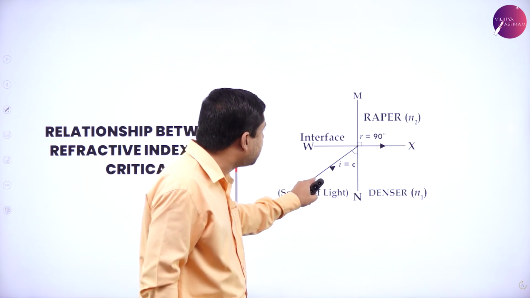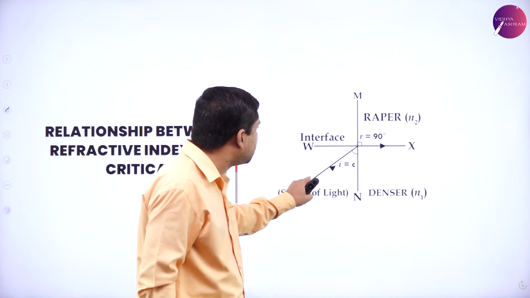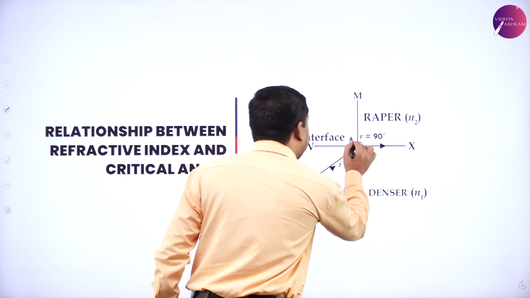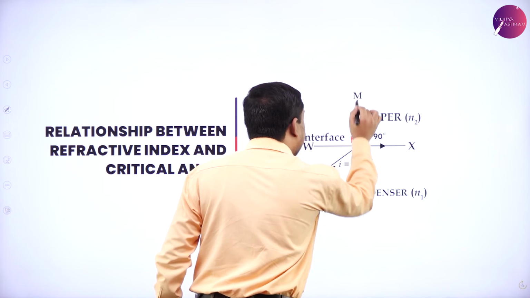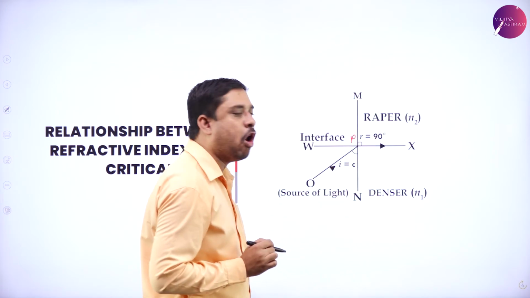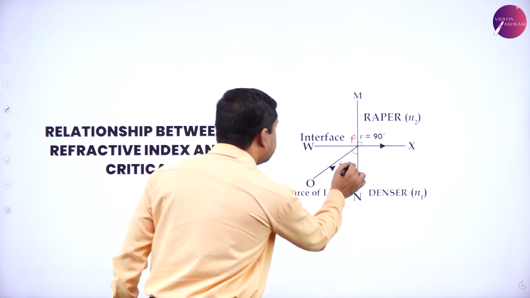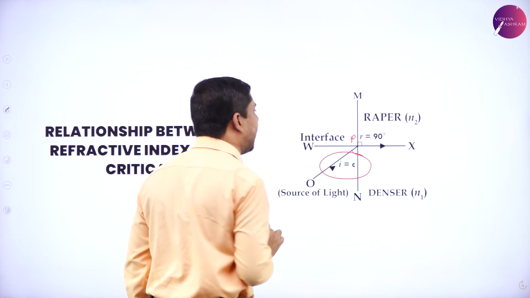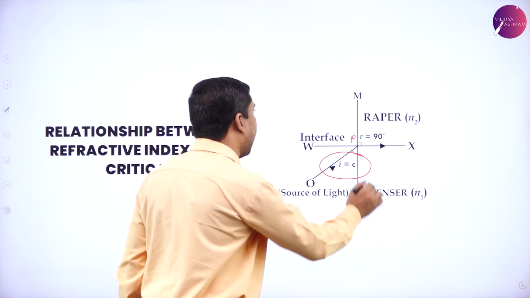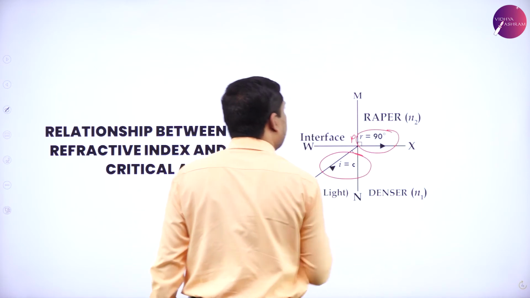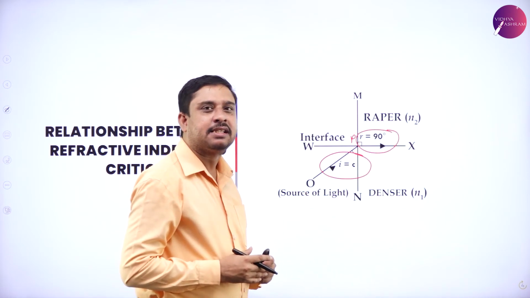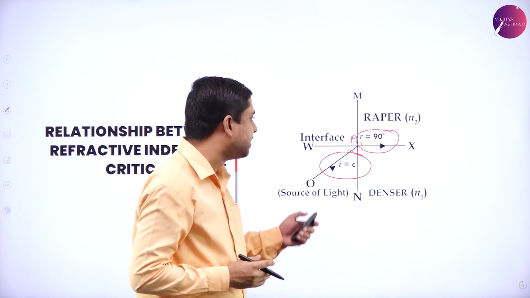Ray of light travels from O to P. N is the normal. Angle of incidence is equal to C, which is the critical angle. And R is 90 degrees.